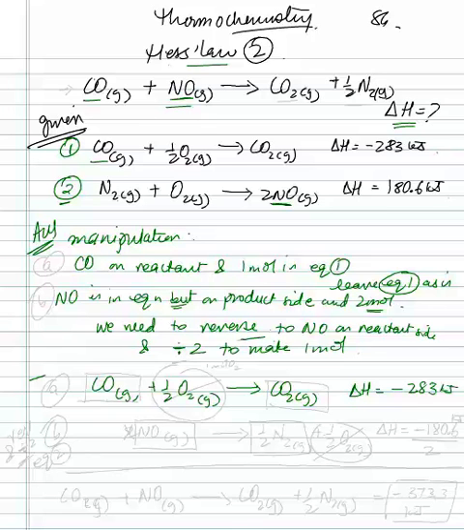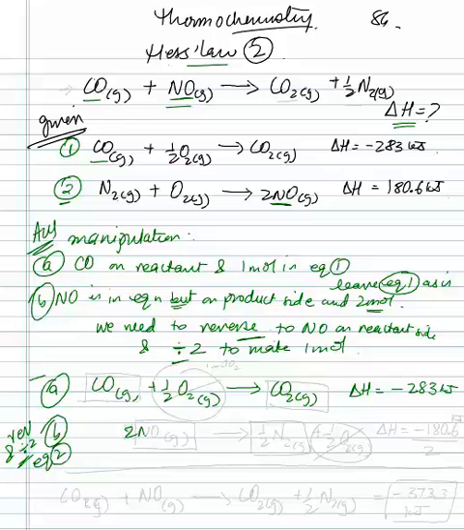Now the second equation on the other side. This was A, and for B, now we need to reverse this equation and we need to divide by 2. So reverse and divide by 2. That's what we need to do for equation 2.